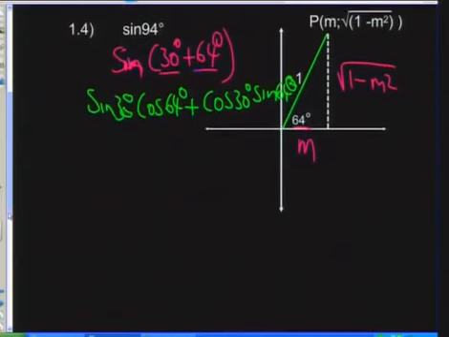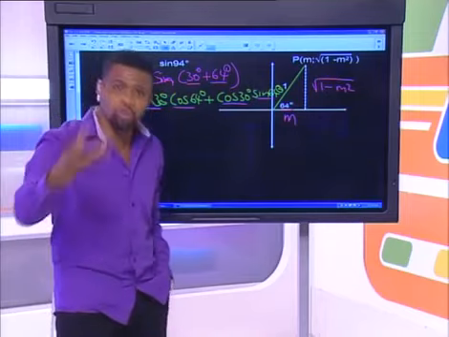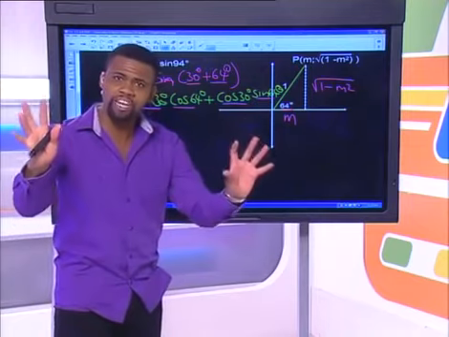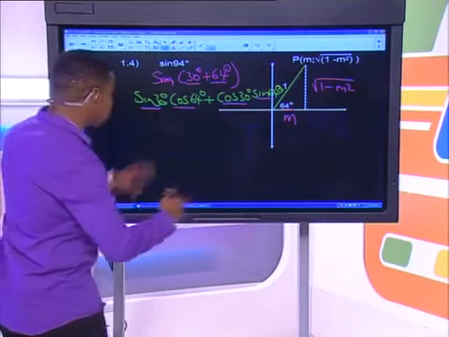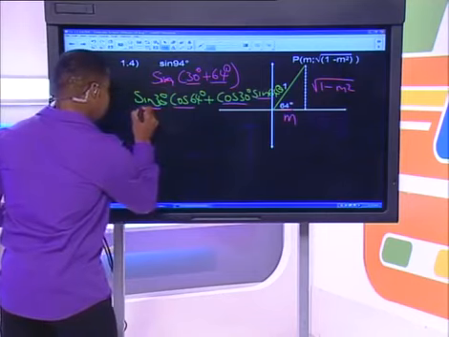From there, I can determine this and that using the diagram. But what about sine 30 and cos 30? I'm happy with this because for 30 I can use my special angles. I don't have to worry about this. So what is sine 30 degrees?